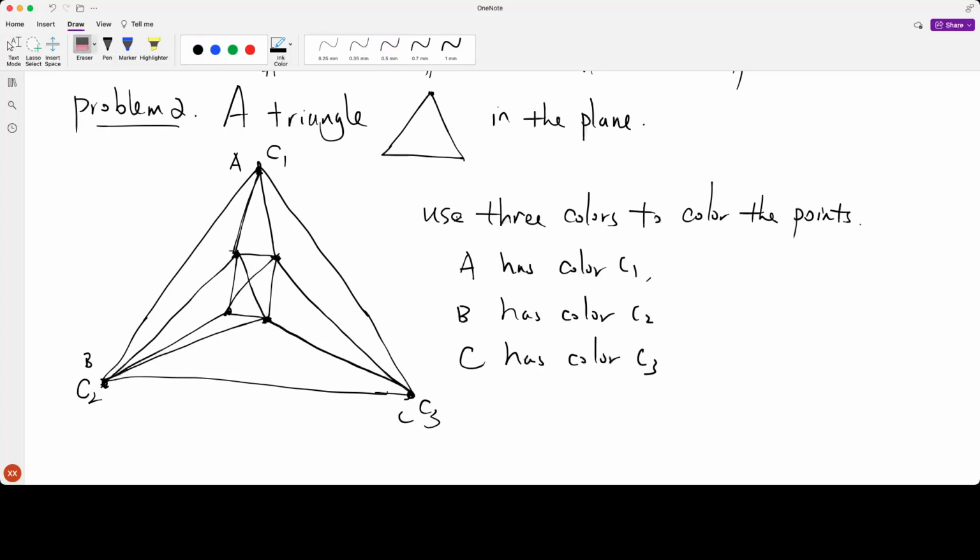Okay? This is my point B. This is my point A. C1, C2, C3 are 3 colors. And then I arbitrarily put other colors for these points.